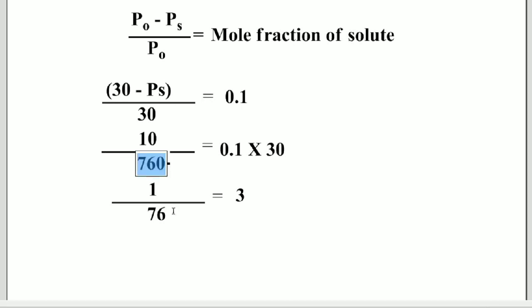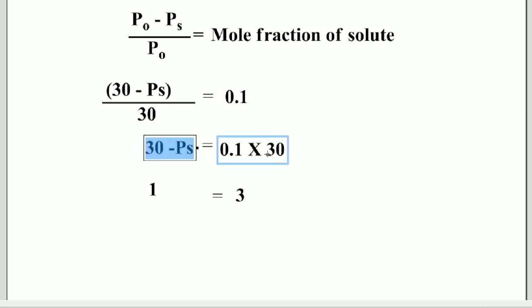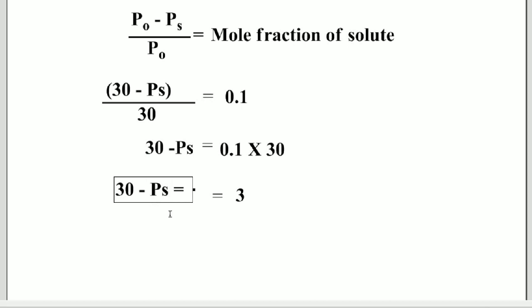Therefore the equation becomes like this, students: 30 minus PS is equal to 0.1 into 30, and 30 minus PS becomes equal to 3 only. Therefore 30 minus PS is equal to 3.